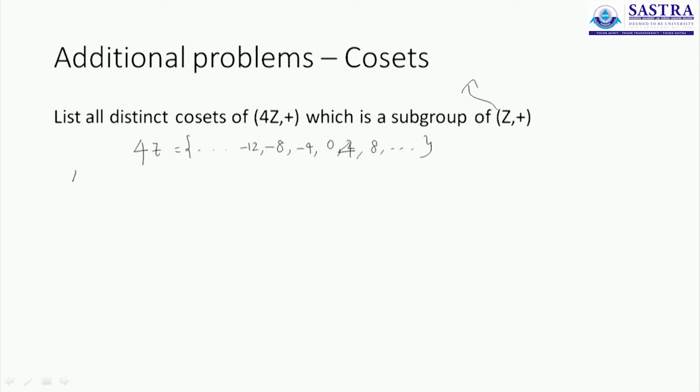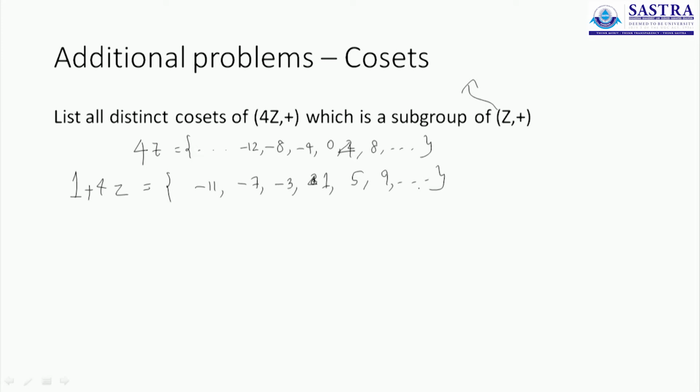Now what happens if I write 1 plus 4Z? I am selecting that random element to be 1 and I am adding it to every element of 4Z. So 1 and minus 12 is minus 11, 1 and minus 8 is minus 7, 1 and minus 4 is minus 3, 1 and 0 is 1 itself, 1 and 4 is 5, 1 and 8 is 9, and so forth.